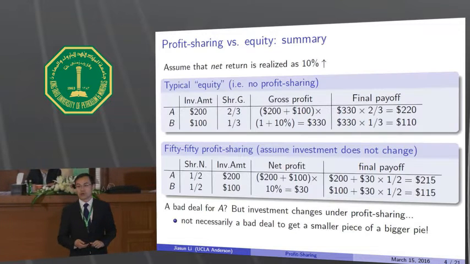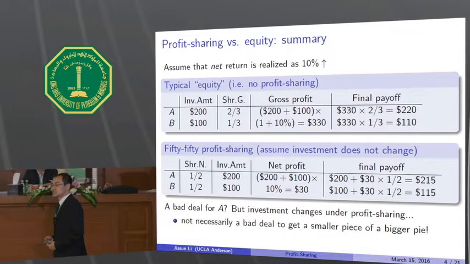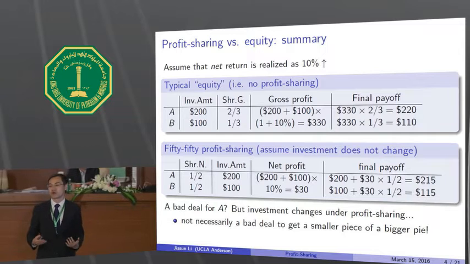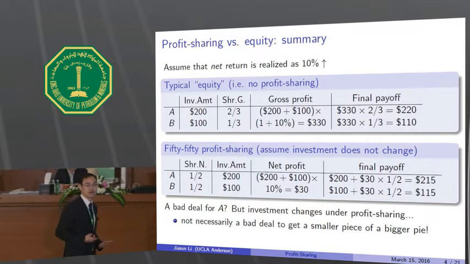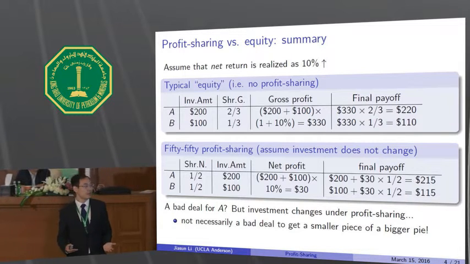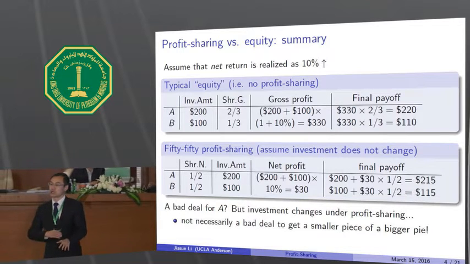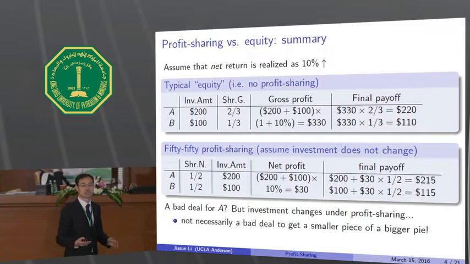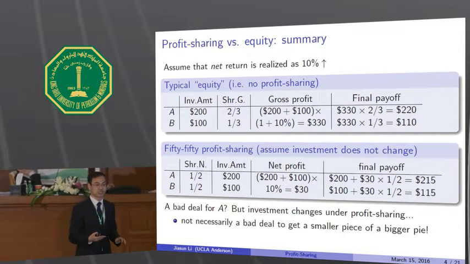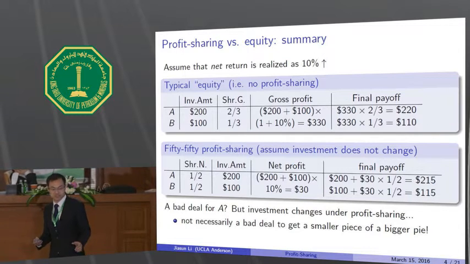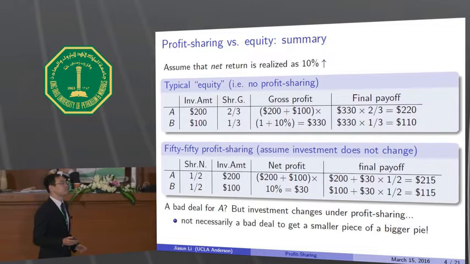So I want to give you a numerical example to see what I mean by profit sharing, in particular what I mean by 50-50 profit sharing, and how it is different from the traditional equity contracts in which the sharing rule is contingent on the amount of initial investment. Think about that.